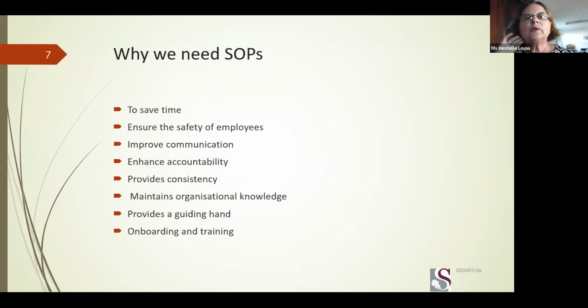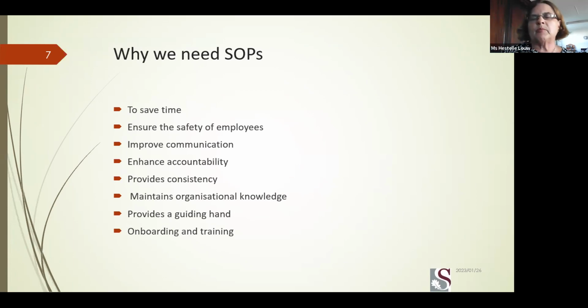So why do we need SOPs? First of all, to save time. We don't have time anymore, we're short of staff, and that is a big problem. Secondly, to ensure the safety of employees. Now you will say, but how is that possible, shouldn't it be the patients who are safe?